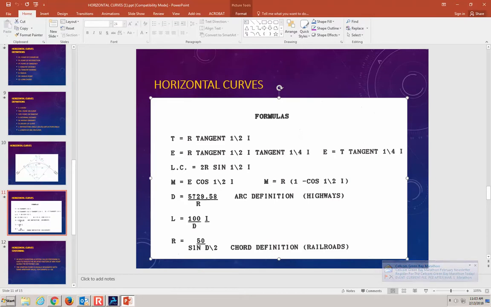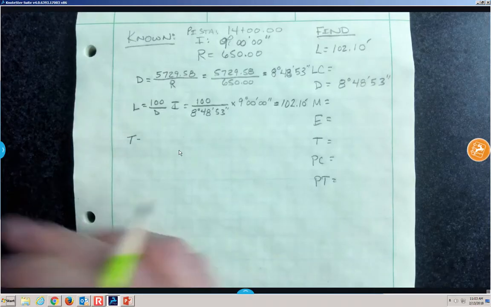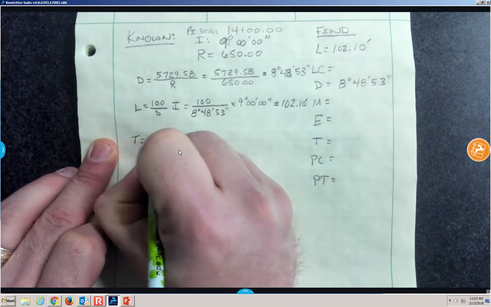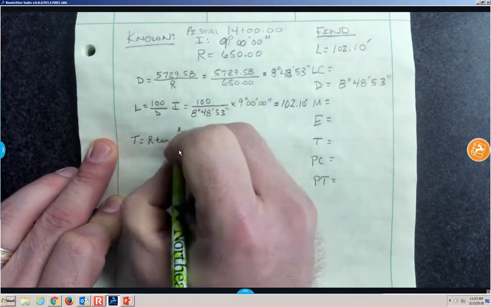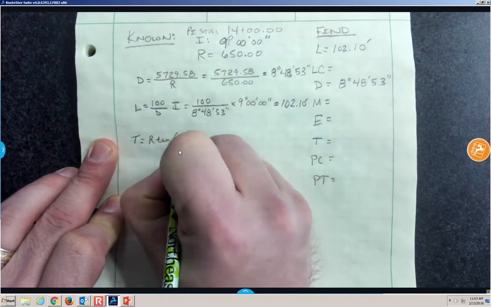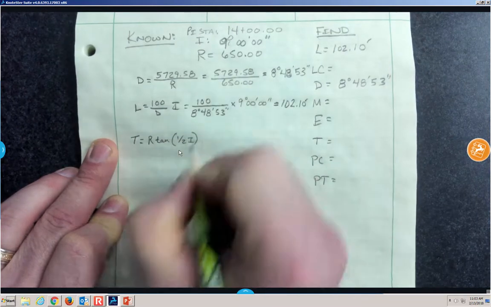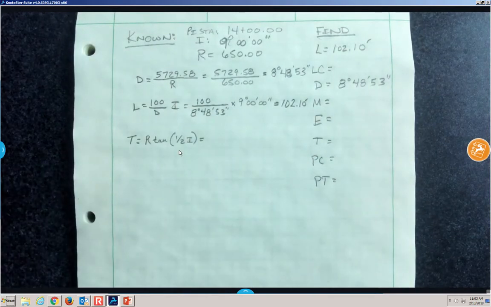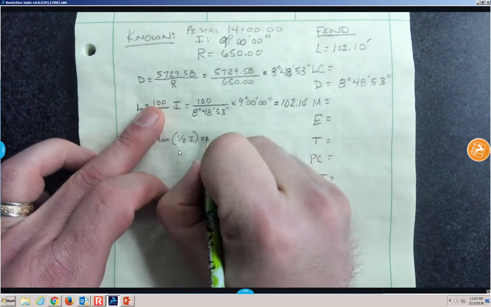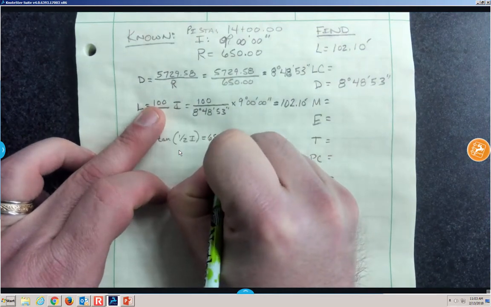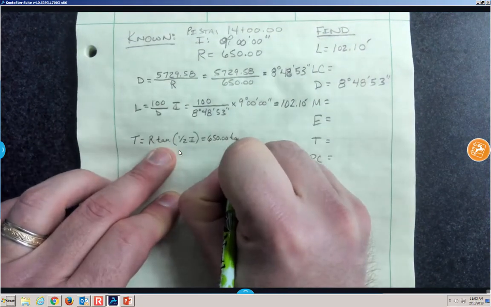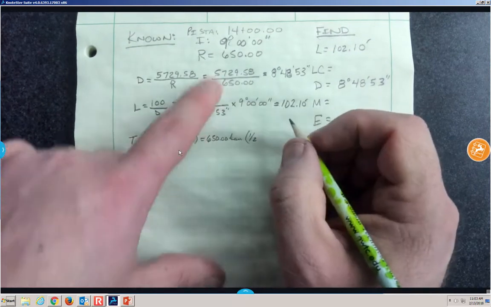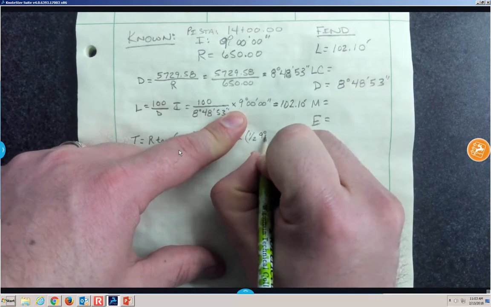So, tangent equals the radius times tangent of 1/2 I. Okay? So if I put the radius in there at 650, tangent of 1/2 of I is 9 degrees.